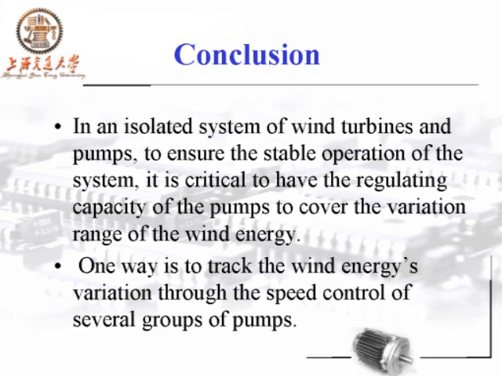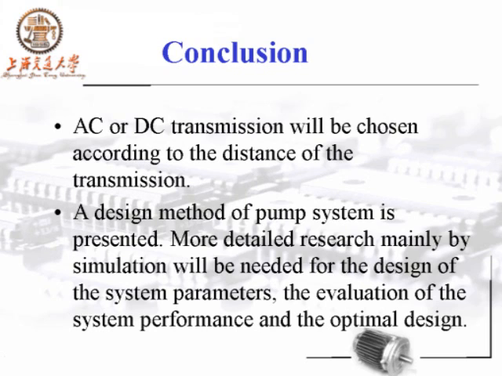One way to handle the wind energy variation is through the speed control of several groups of pumps. The DC or AC transmission will be chosen according to the distance of the transmission. And a design method of the pump system is presented in this presentation.